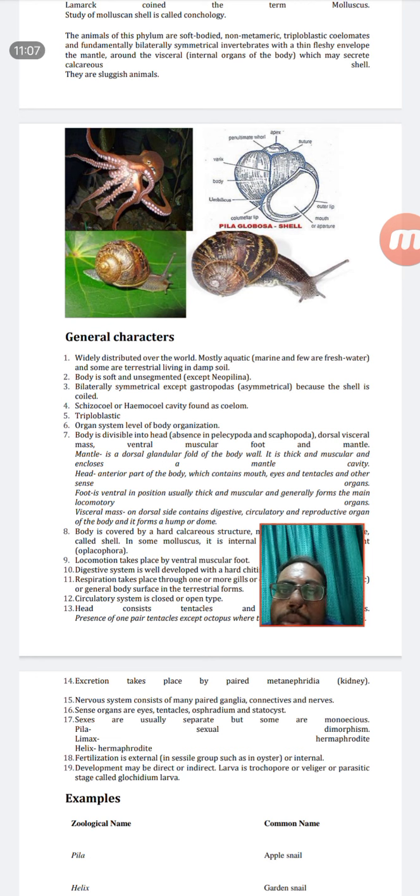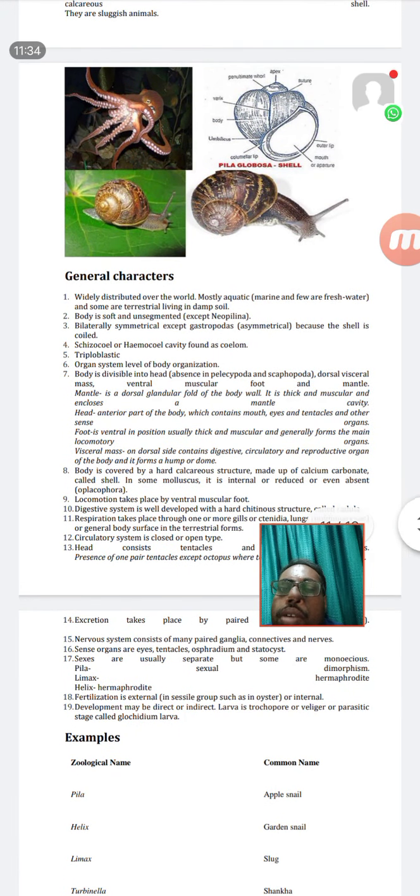Their body is not segmented, bilaterally symmetrical, except gastropods. Gastro means stomach, pod means feet, which use their stomach as a foot, that means for movement. And hemocoel is present, triploblastic in condition, organ system level of organization is there, and the body is divided into head and thorax, and some of them have a muscular foot also, and they have a well developed digestive system.